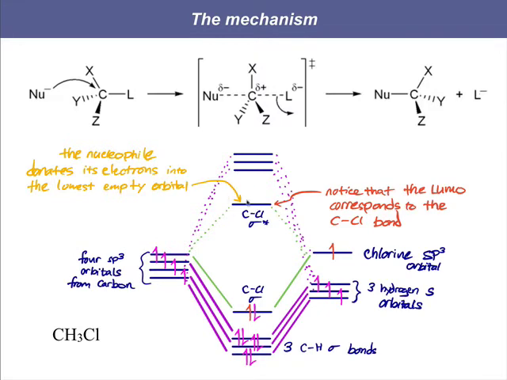Populating the antibonding orbital causes the corresponding bonding orbital to break. So in this diagram, we can see that chlorine would be the leaving group. That's the bond that's going to break because it has the lowest LUMO, the lowest unoccupied molecular orbital.